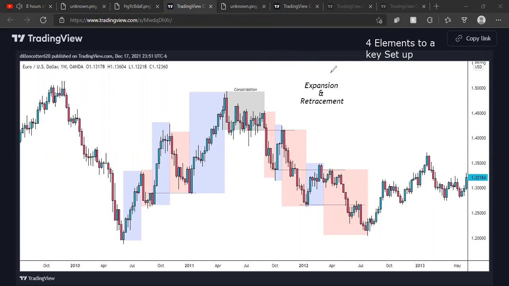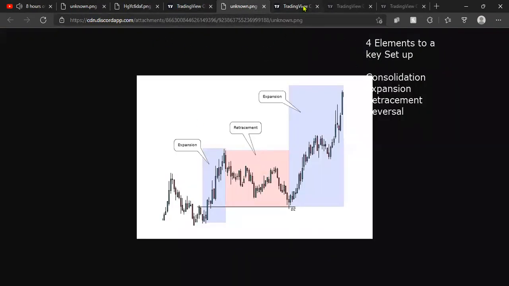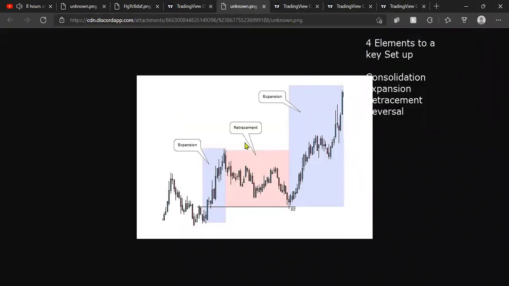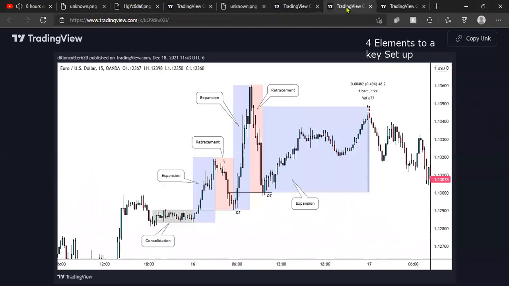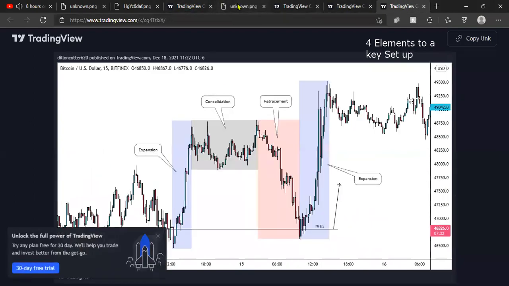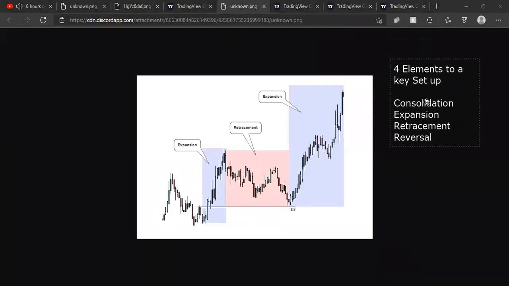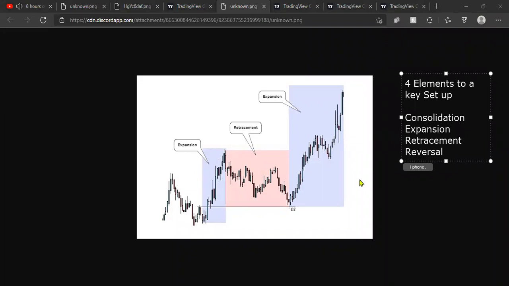Let's move on to the next slide here. How many more we got left? Okay, so we got one picture left and then a couple examples on the chart. So here we go. So 4 elements to a key setup.